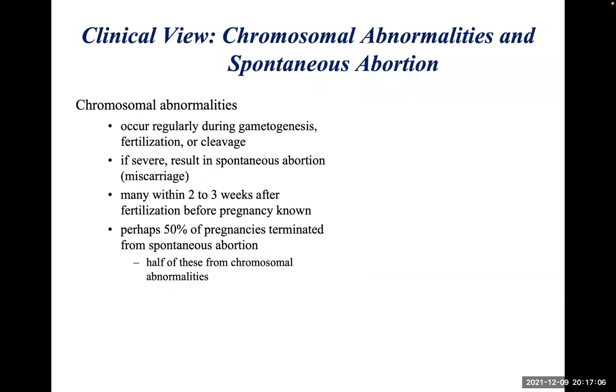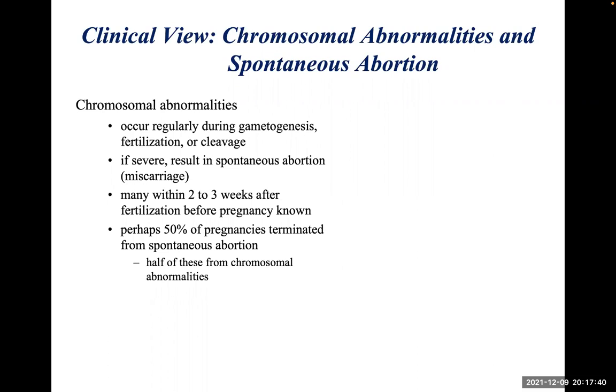Okay, I'm not going to spend a lot of time on here, just suffice it to say that many times when fertilization happens, the person doesn't even know that that's occurred, because they say somewhere around 50% of pregnancies result in what is called spontaneous abortion, which is just to say the woman goes through a menstrual cycle and doesn't even know they're pregnant.